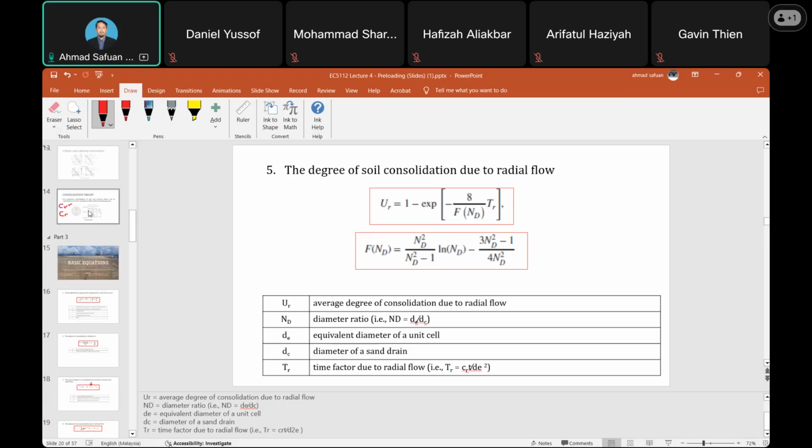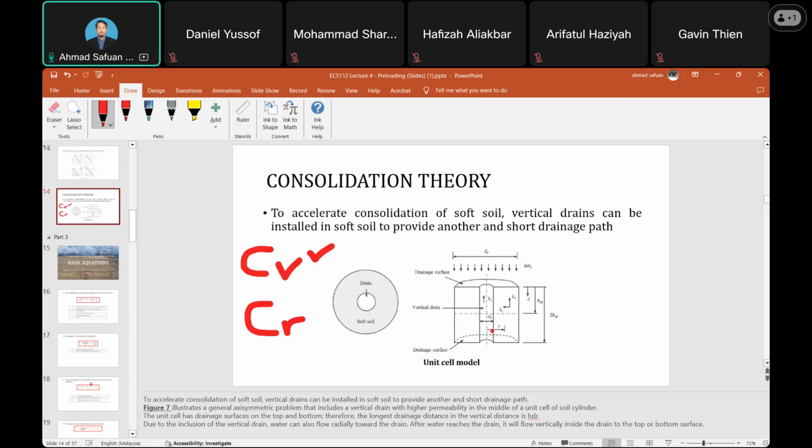So what we learned here is that this is the DE, while this is the DC.